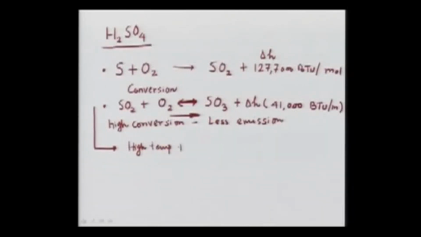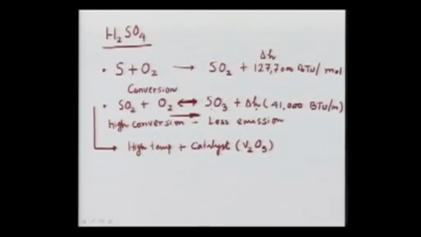And we also need a catalyst to make this reaction go forward. Normally this catalyst is vanadium pentoxide. The problem is, as you are seeing, that we need the temperature on the left hand side here, but then we are getting lots of heat here.